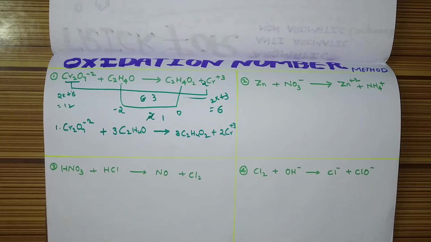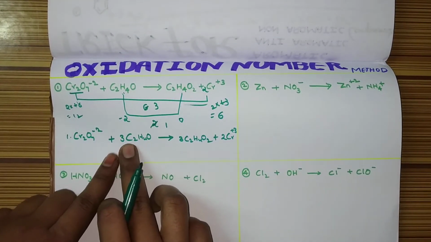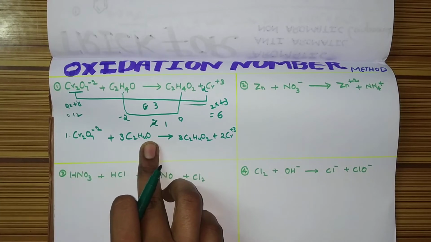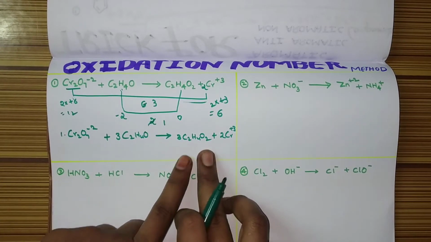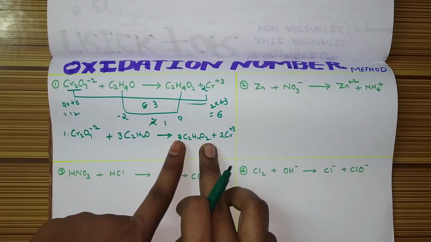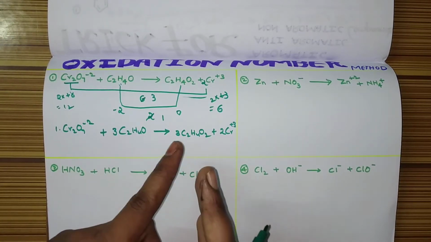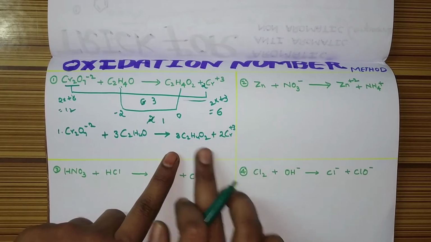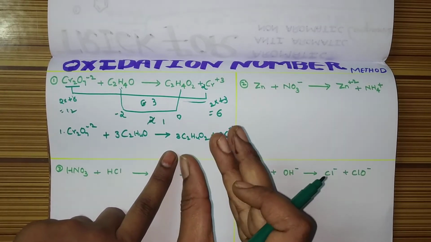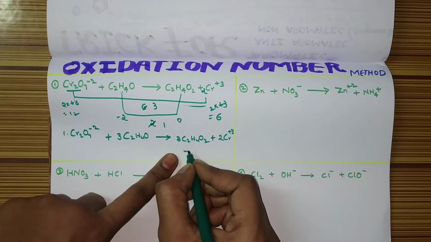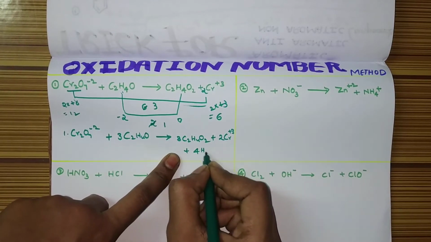Now how many oxygens are here? 7 and here 3, so totally 10 are there. And here 3 into 2, 6. Here 10 oxygens, here 6 oxygens. How many less do we have? 4 oxygens are left here, so add 4 oxygens in the form of water molecules: 4 H2O.